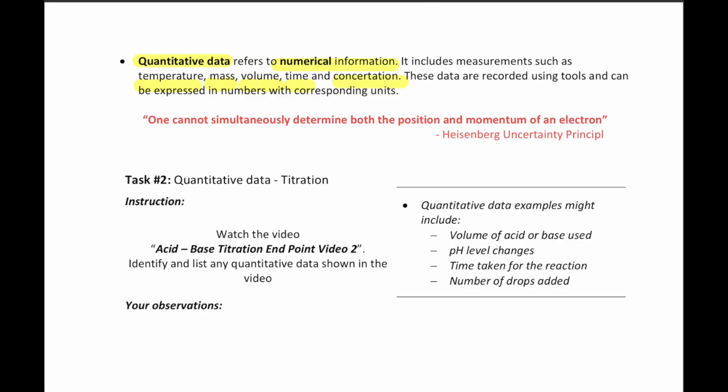Also, at this point, I'm going to say that when you're measuring the volume in IB chemistry, milliliter is the same as centimeter cube and liter is the same as decimeter cube. Meaning when you have 1 milliliter, this is the same as 1 centimeter cube, and when you have 1 liter, this is the same as 1 decimeter cube.